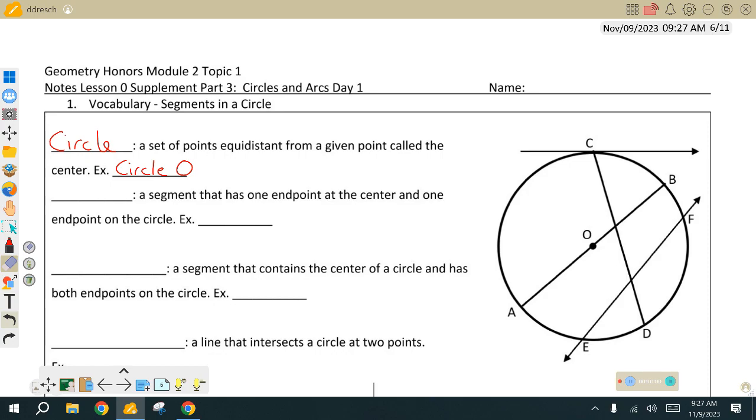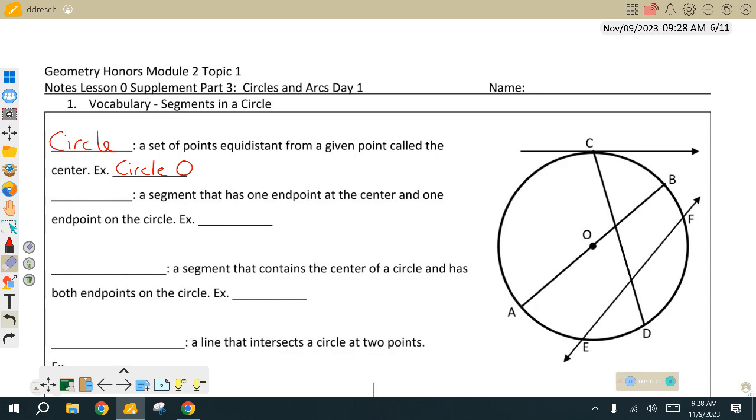Now, some of these definitions you've heard of, but have you really talked about the definition? I don't know. Segment, somebody. A segment that has, let's think about it, one endpoint on the center and one endpoint on the circle. What's that make? Radius, radius, radius. I keep hearing a little bit of radius. Yeah, that's a radius.